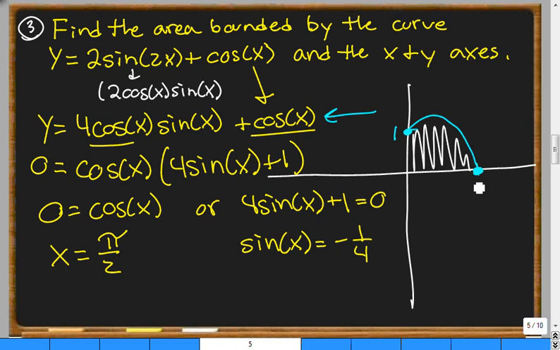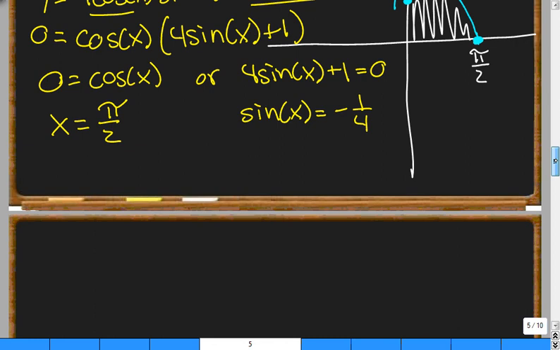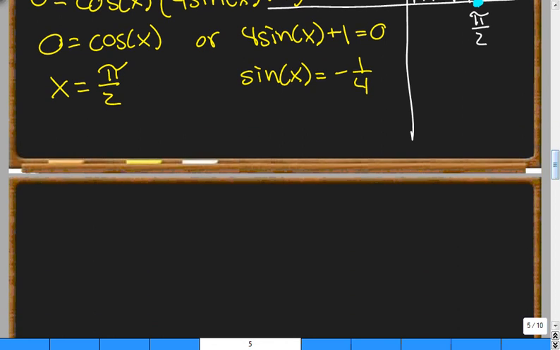Now, this right here we found was pi over 2. So we've got all the information we need. Even though we don't know a whole lot about this graph, we know that it starts positive and it hits 0 at pi over 2. So we need to set up our definite integral.